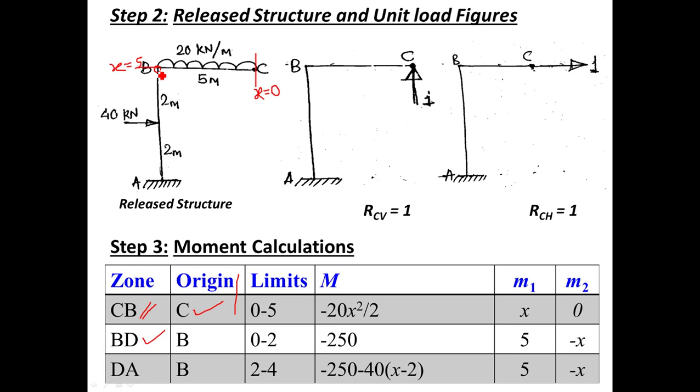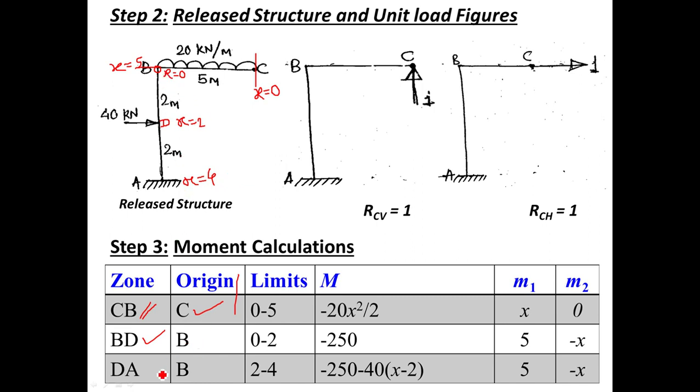So we have to take the top of the column as origin. Means x is equal to 0 at B when we are considering the column. And at point D, x is equal to 2. And similarly at point A, x is equal to 4.